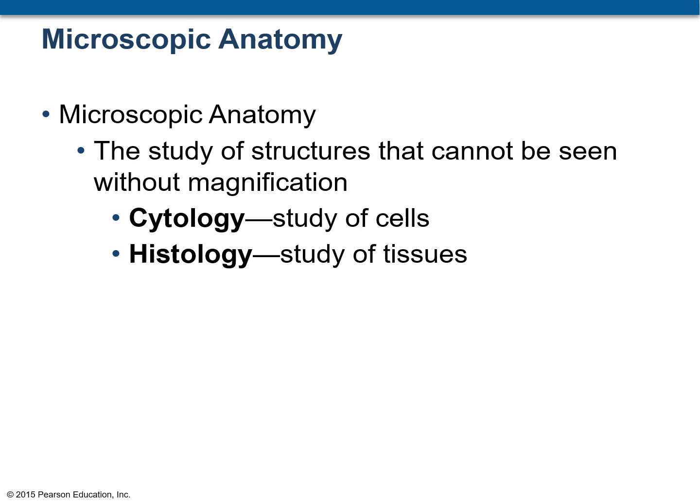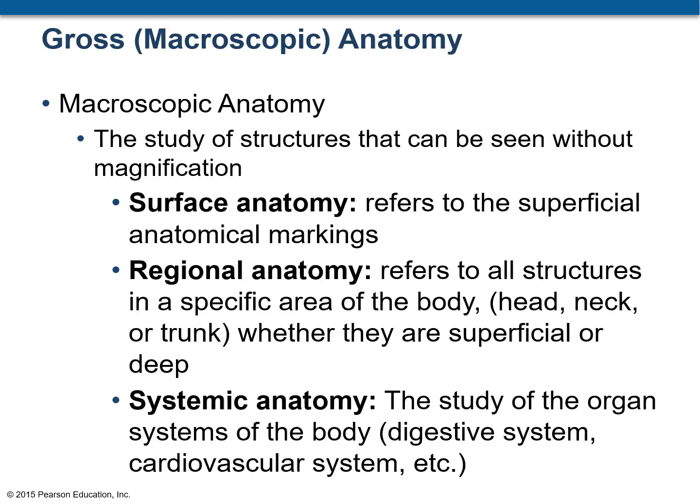You see both of these terms end with the logy. Logy comes from the word logos, which means to study. So cytology is cyto plus logy, study of cells, because cyto means cells. And histology is study of tissues, because histo means tissues. So two types of microscopic anatomy, cytology and histology.